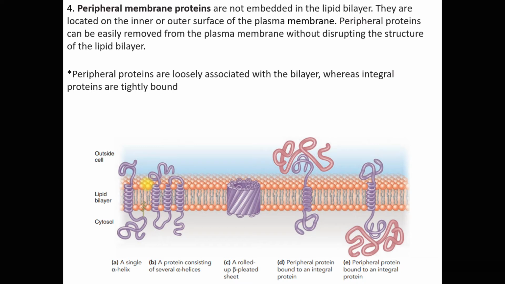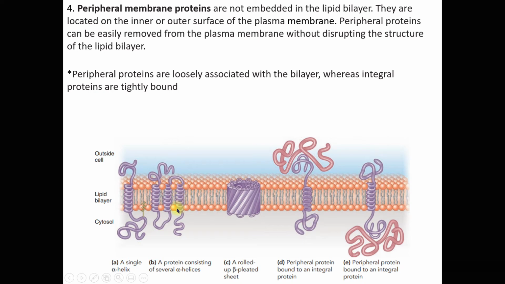Peripheral proteins can be easily removed from the plasma membrane without disrupting the structure of the lipid bilayer. Peripheral proteins are loosely associated with the bilayer, whereas integral proteins are tightly bound. You can see why this integral protein is tightly bound, just from its structure.